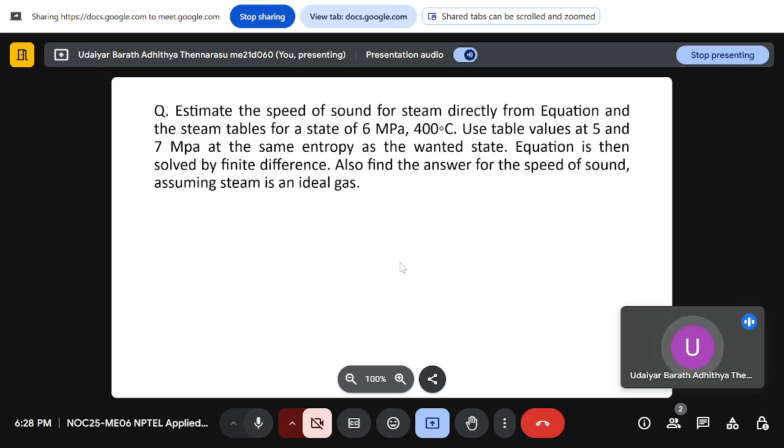So what has been given is we have to find the speed of sound for steam directly from the equation. How we find the speed of sound: root of gamma RT. Then find it from the steam table for a state of 6 megapascal and 400 degrees Celsius.